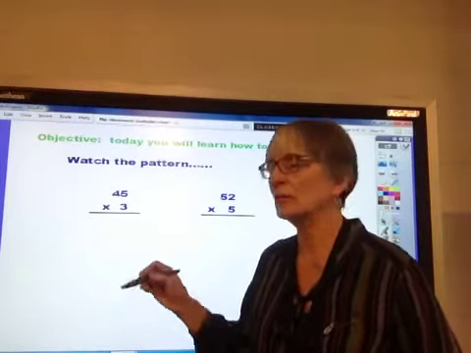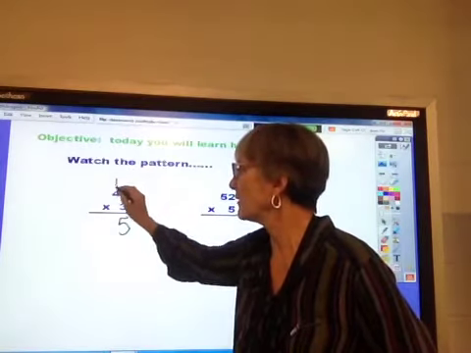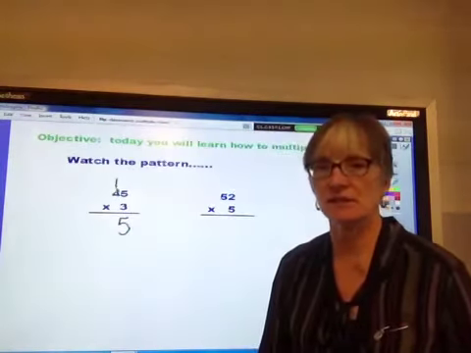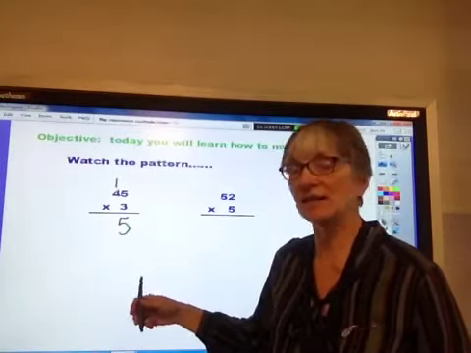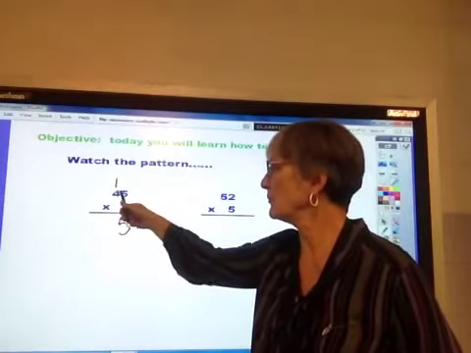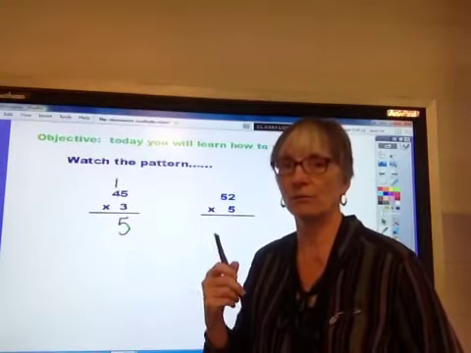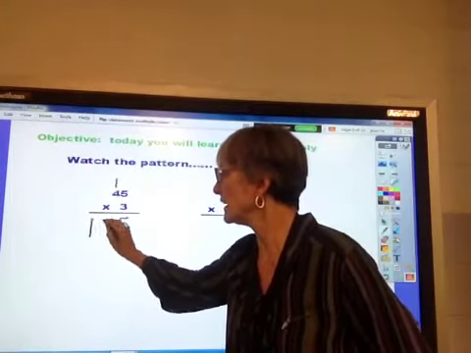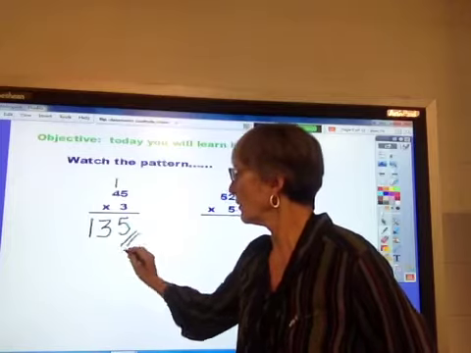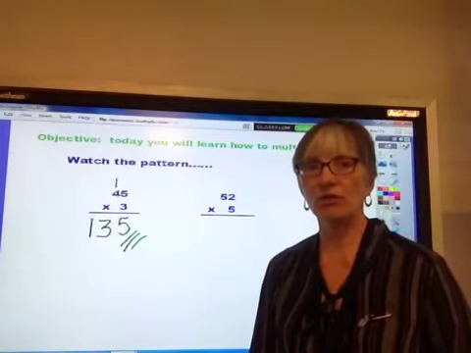Just the way that we do in addition, we write the digit in the ones and we carry the digit in the tens. Then we multiply the digit in the tens place. 3 times 4 equals 12, because 4 plus 4 plus 4 equals 12, plus 1 is 13. 3 times 45 equals 135.